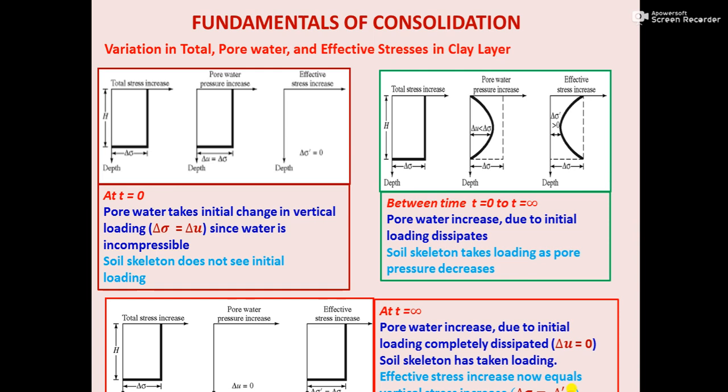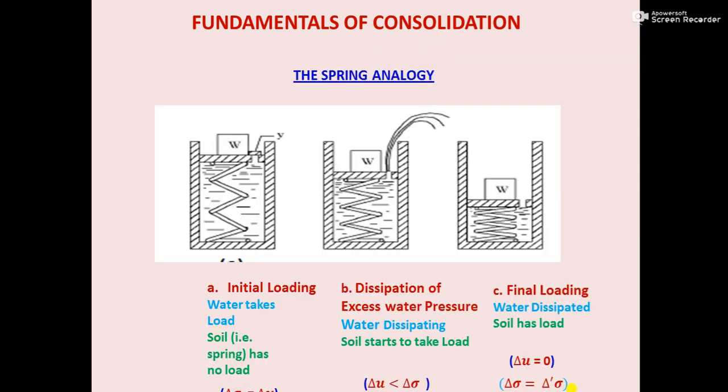So in the next slide, this model is very commonly used to understand the fundamentals of consolidation. It's a very simple model, called the spring analogy. This spring analogy explains the consolidation concept very easily.